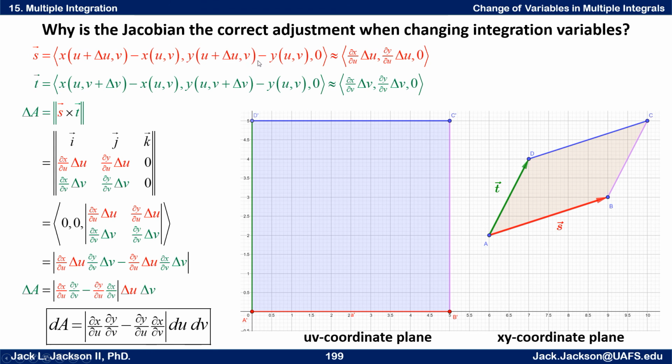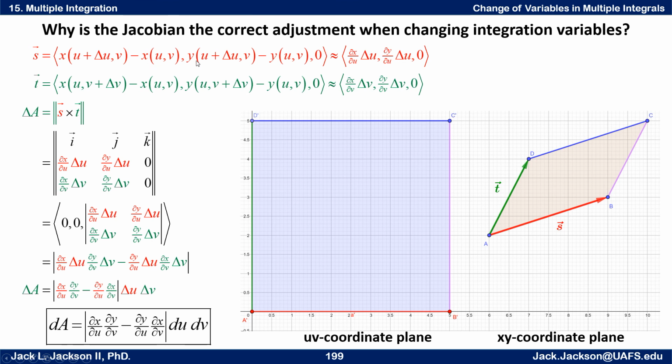So we have y of u, v is where we started, and then we have the y up here, which is y of u plus delta u comma v. So that is delta y. And these need to be thought of as 3D vectors. So then delta z is just 0, because these are 3D vectors, but they're in the xy plane.